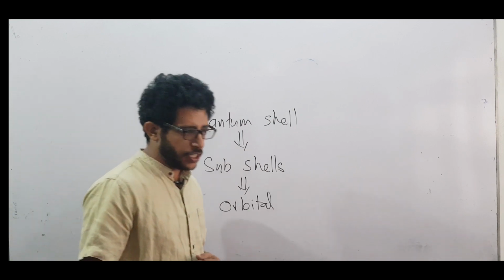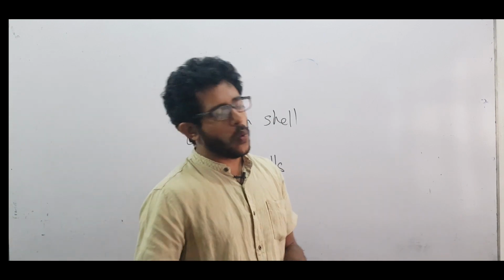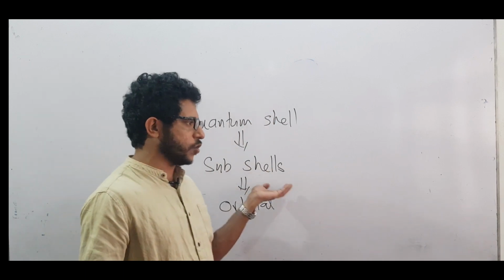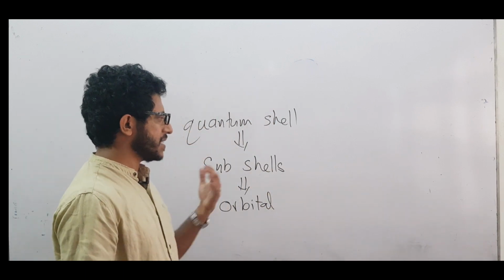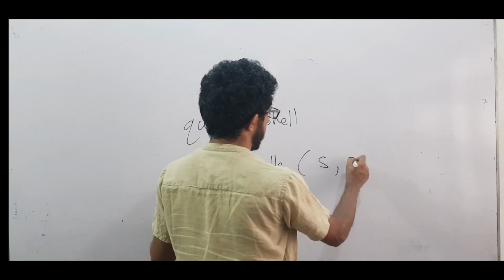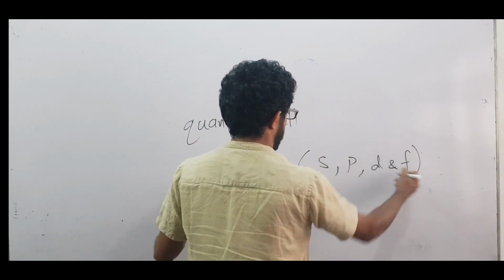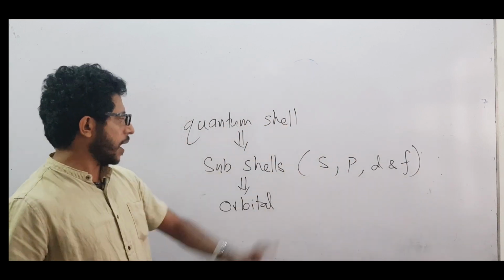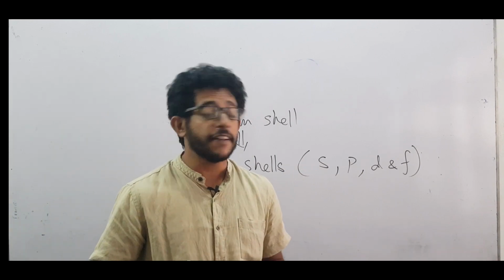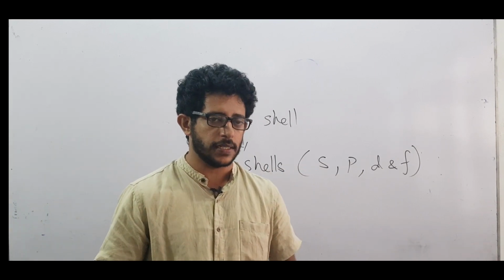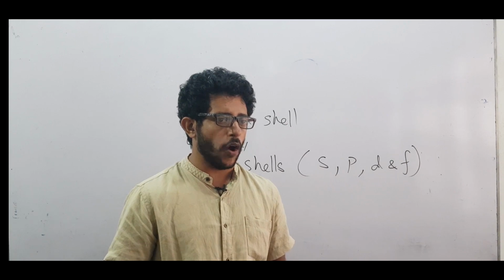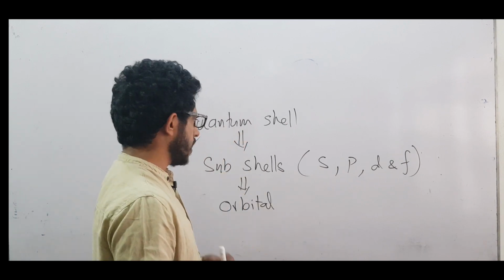Depending on the main energy level or the main quantum shell, we have different sub energy levels or subshells. We call them S, P, D and F, and each subshell has a different number of orbitals. We will see how many orbitals we can find in each subshell. So this is the basic idea.